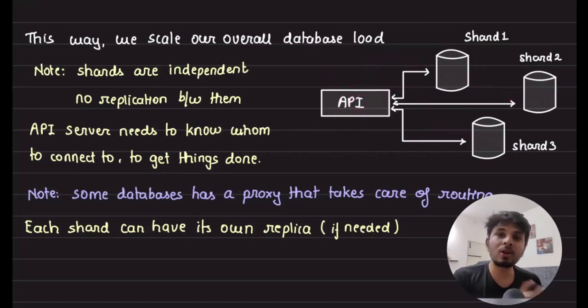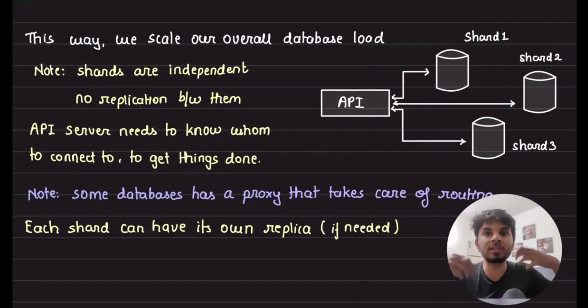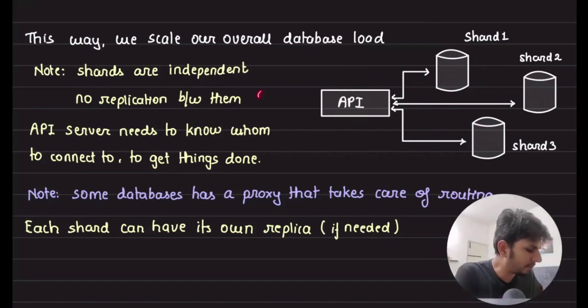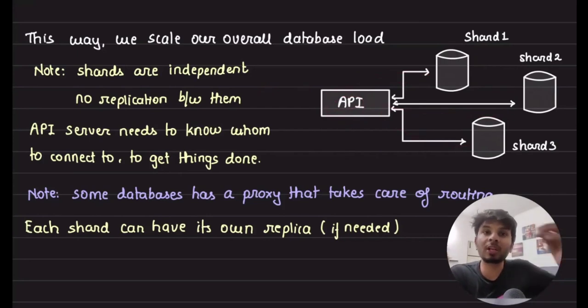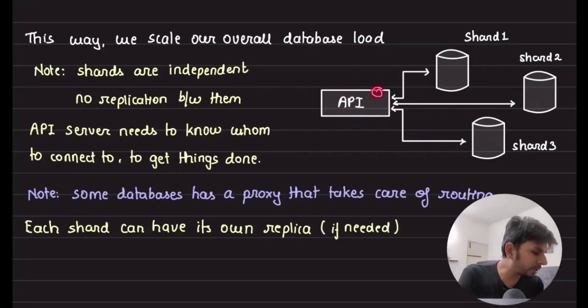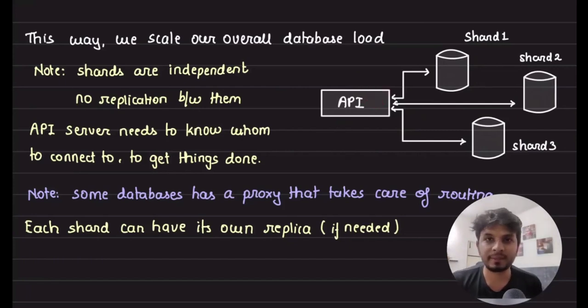This is called routing logic, where the request from your user comes in, and the API server knows where to route the request, which means which connection object to use to make calls to one of these databases. This is where you're defining the routing logic at the API server side. This is how sharding works. We'll go into detail on sharding in the next video, but you get the overview.